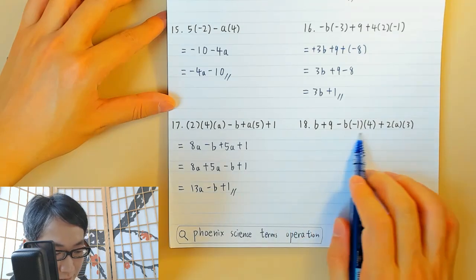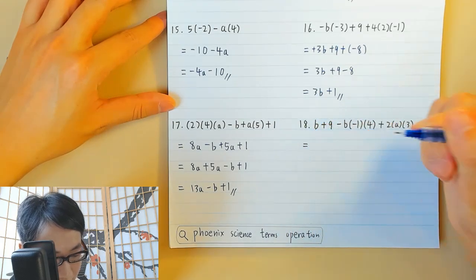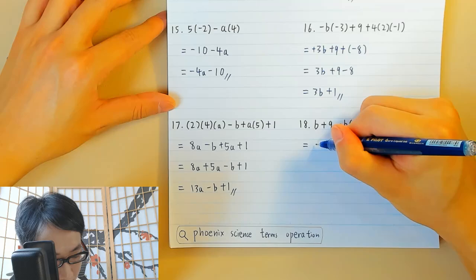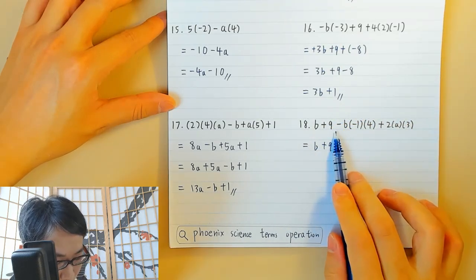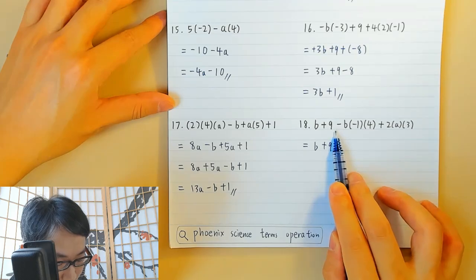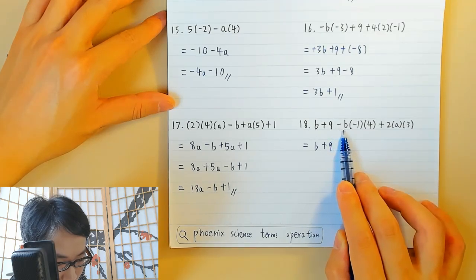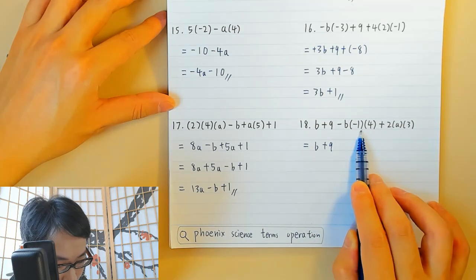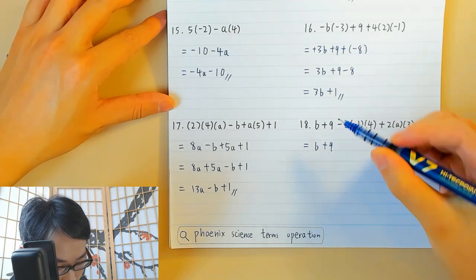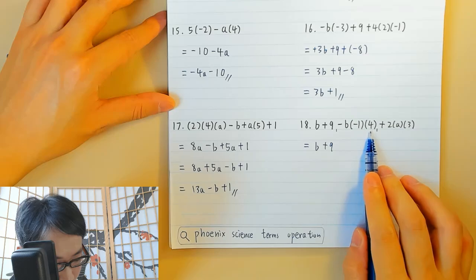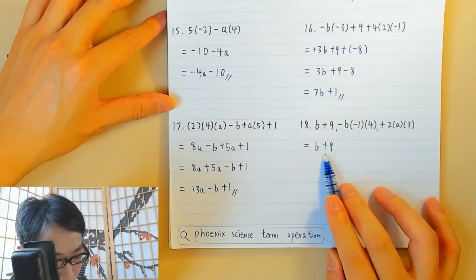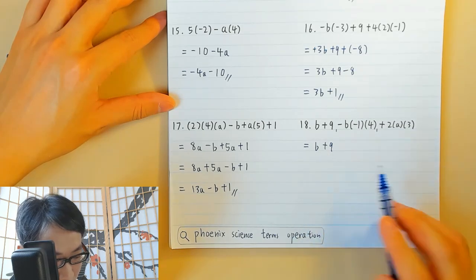And number 18. First term plus B, positive 9. Okay, the third term is everything from this negative sign. Negative B, negative 1, 4. And from here to here is the third term. Okay, and we are adding this third term to the rest of the previous terms.